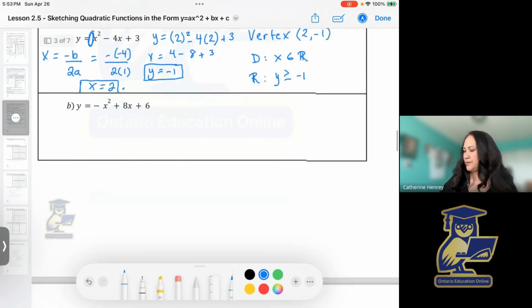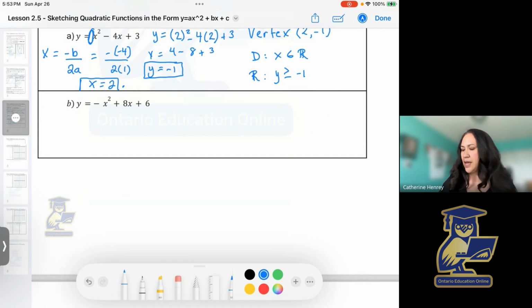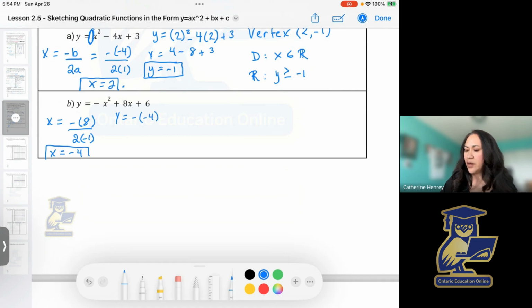Our next example. Let's start by finding the axis of symmetry. x equals negative 8 divided by 2 times negative 1. The axis of symmetry simplifies to negative 4. Now we'll plug that x value into the function and we'll find the y value for the vertex. So y equals negative 4 squared plus 8 times negative 4 plus 6.